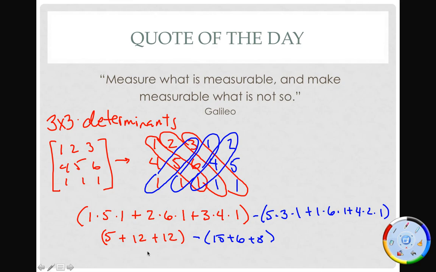And I get, here's 24, and 5 makes 29, minus 20. Oh, look at that. Couldn't have chosen that any better. And I get a determinant of 0, which technically means that has no inverse.